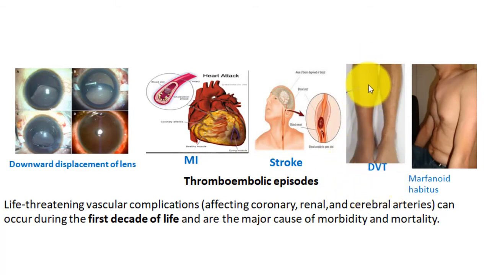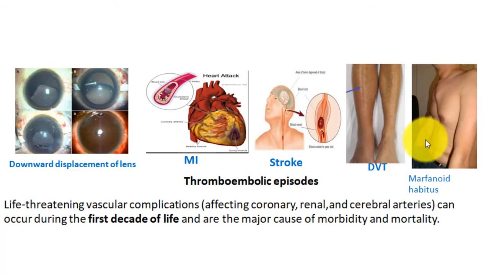The thrombosis will occur in the deep vein beneath the gastrocnemius muscle and cause swelling of the leg, as you can see here. Pectus excavatum will be seen, very similar to Marfan syndrome. A thin slender body will also be seen.